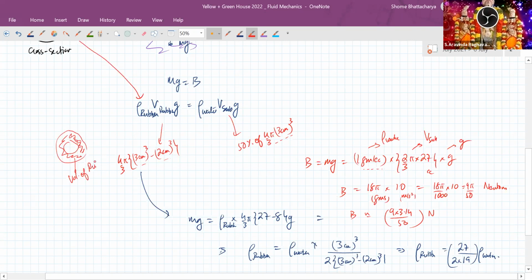My doubt was how did we get it as 8 pi grams into 10 meter per second square? Achha, so I've just multiplied gram per cc by cc, so I got grams. So I've kept it in CGS unit instead of converting it. That's all.